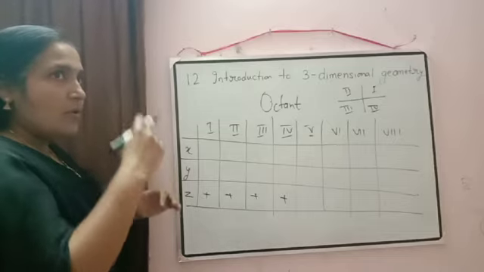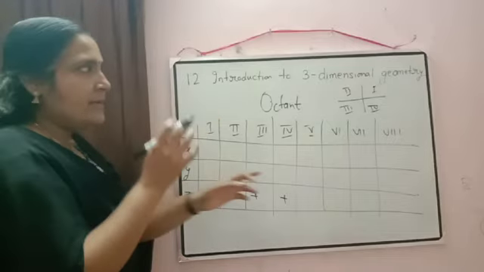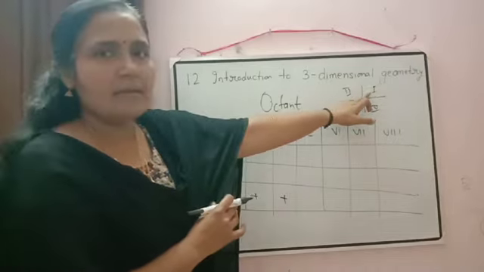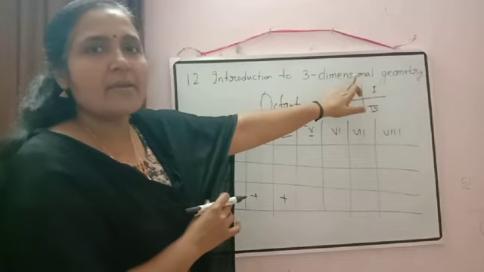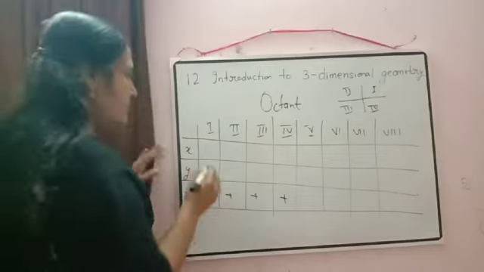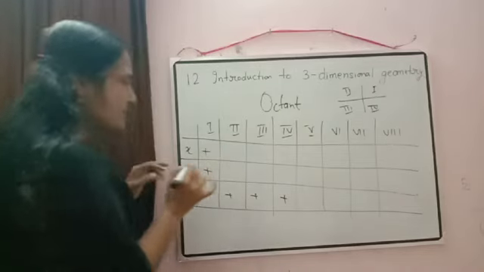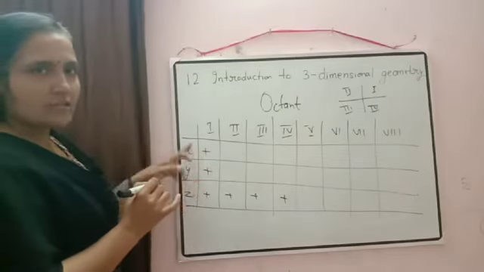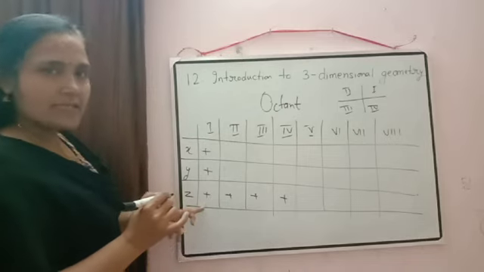Now when we studied coordinate geometry, we know that in the first quadrant both the x coordinate and y coordinate are positive. So both are positive in the first octant.